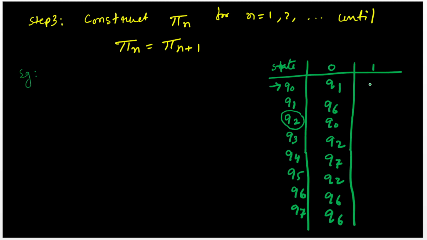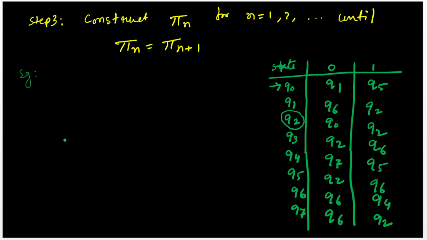And by taking 1, these are the states q5, q2, q2, q6, q5, q6, q4 and q2.